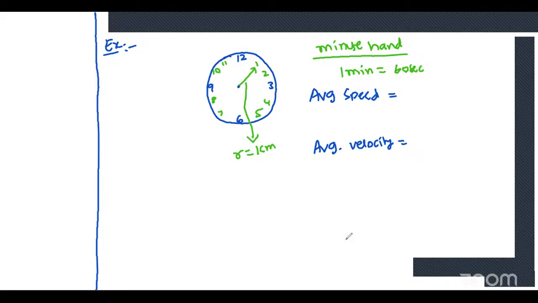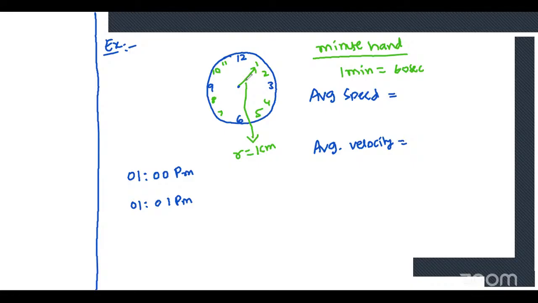Whenever the minute hand completes one rotation, suppose let us consider the time is 1 p.m. Whenever the minute hand completes one rotation, then it is 1 p.m. So average speed means total distance traveled.